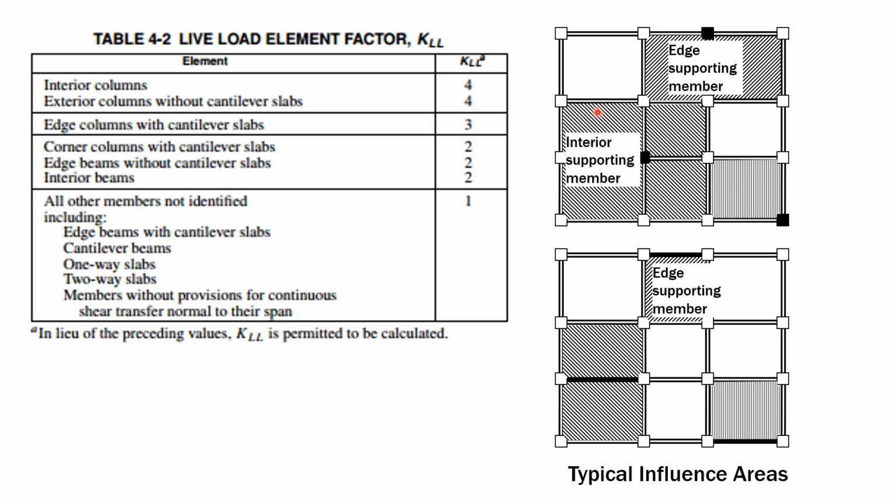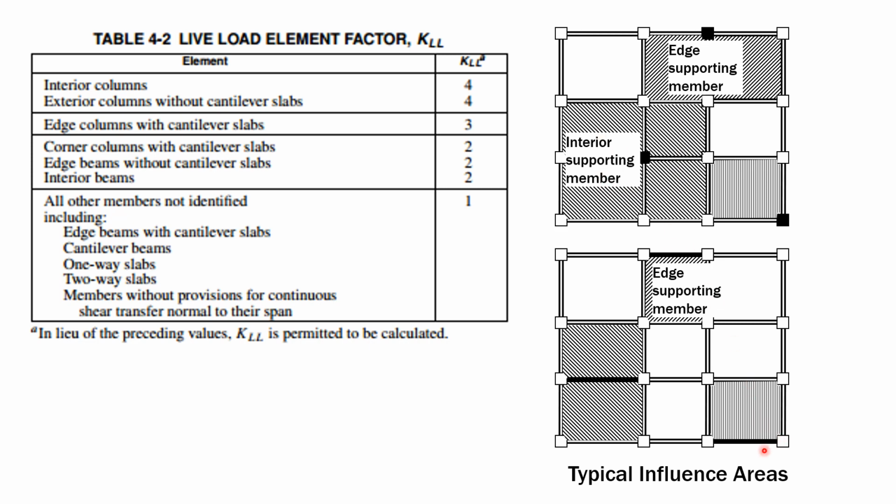Interior supporting member, this is the influence area, not the tributary area. The tributary area would be half of this dimension here, half to the next column, for example. So that's the tributary area as distinguished from the influence area.